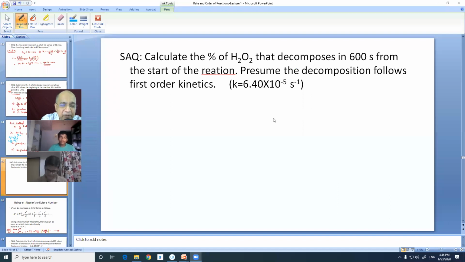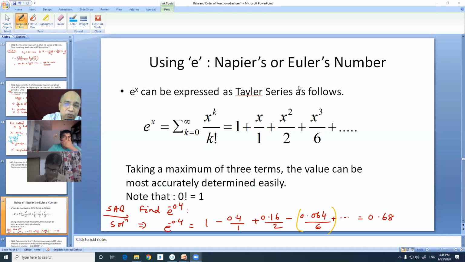Ladies and gentlemen, boys and girls, I will be telling you how you can readily get the answer by using the exponential form of the first order kinetics. I would like you to love that expression. I think Ka answered in terms of E, that A t is equal to A0 into E to the power minus kt.